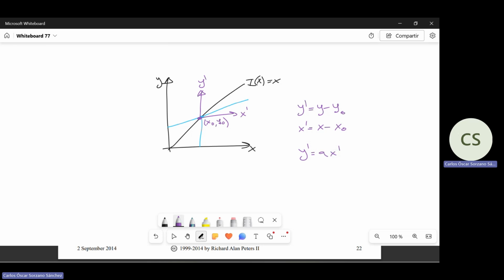And now you undo your transformation. So this is y minus y0 equals a times x minus x0, then y equals a times x minus x0 plus y0. And in the slide, these two values are the same. But in general, this is something that we do all the time.